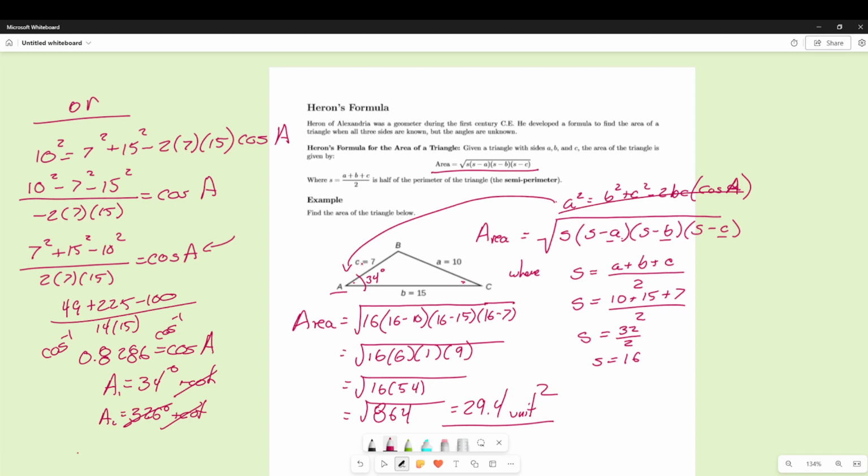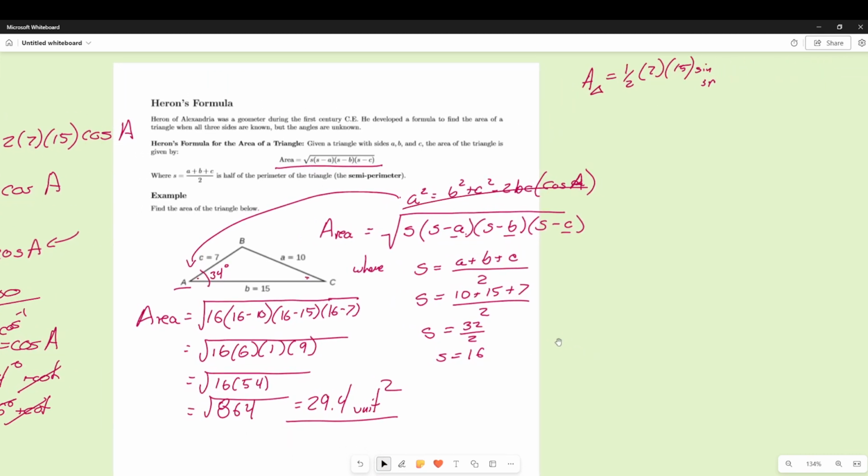But once we have that, it's a little more to do. Once we find that, we can use our other area formula, 1/2 times 7 times 15 times the sine of the 34 degrees. Sorry, I ran out of space there. I can make more.